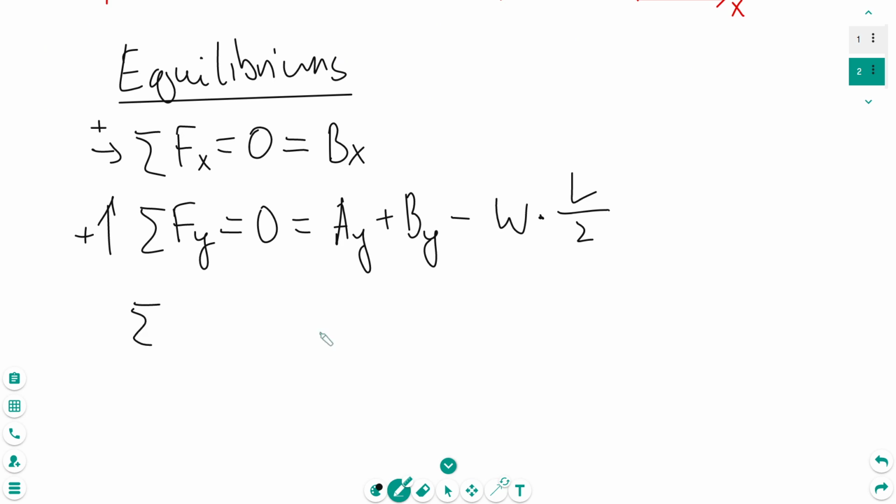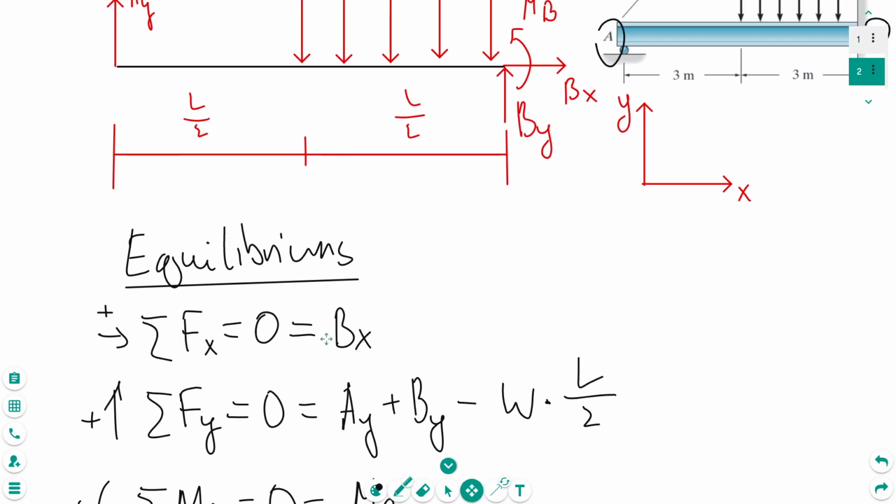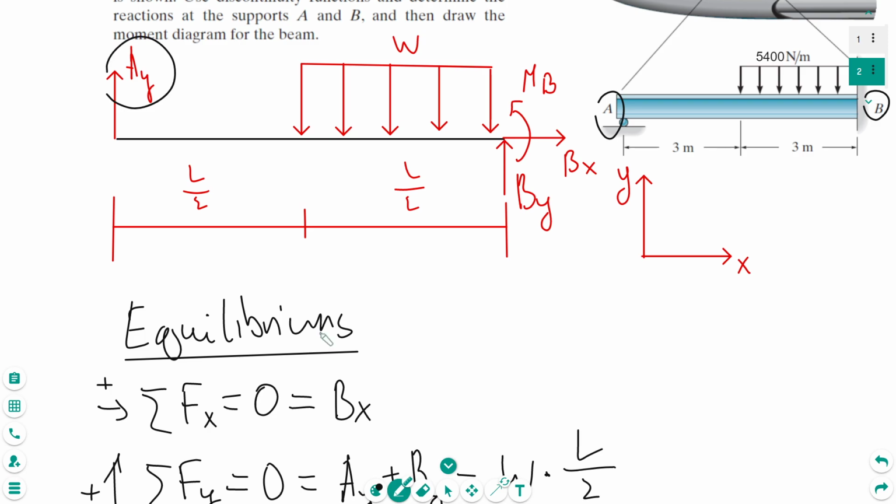Finally, we can also do a moment equilibrium at B, counterclockwise positive. The contributions to that are the internal moment at B. The contribution due to AY is negative, and the contribution due to W is positive.